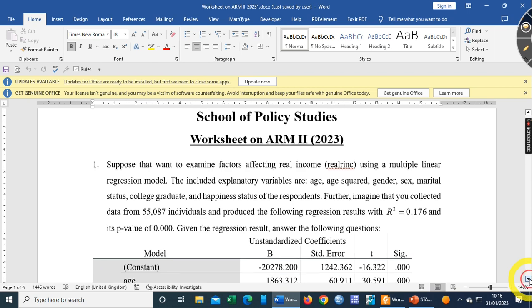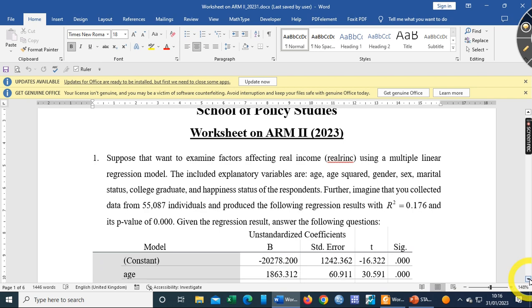Question number one is related to multiple linear regression model, and in this example we wanted to determine factors affecting households' real income measured using this variable.